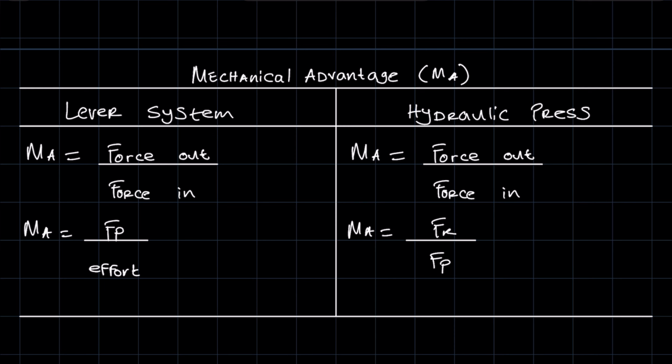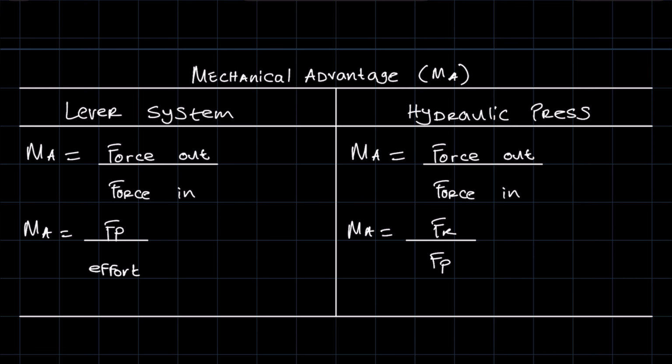In general, it will be the same: the general formula is mechanical advantage equals the output force divided by the input force. So whichever system you are looking at, the mechanical advantage will be equal to the output force divided by the input force.